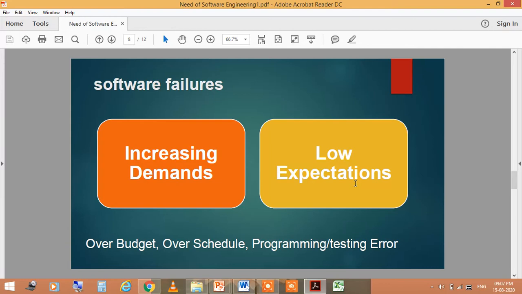It means you have a clear picture in your mind that this software will not fulfill our requirement. Okay, so there are low expectations. Sometimes it is over budget, behind schedule, with programming and testing errors. Okay, so these are the two aspects in which we see there is a probability of software failures.